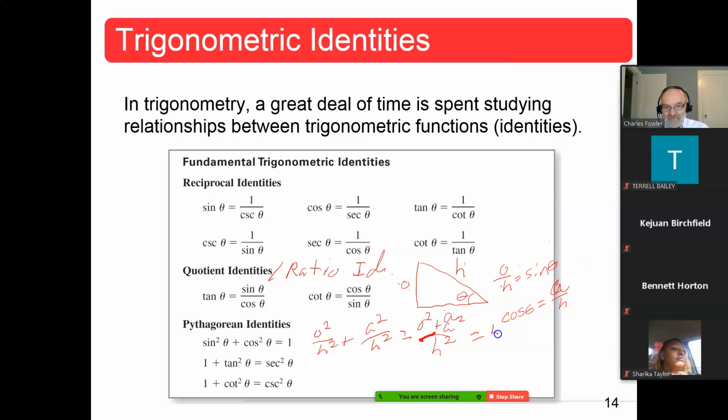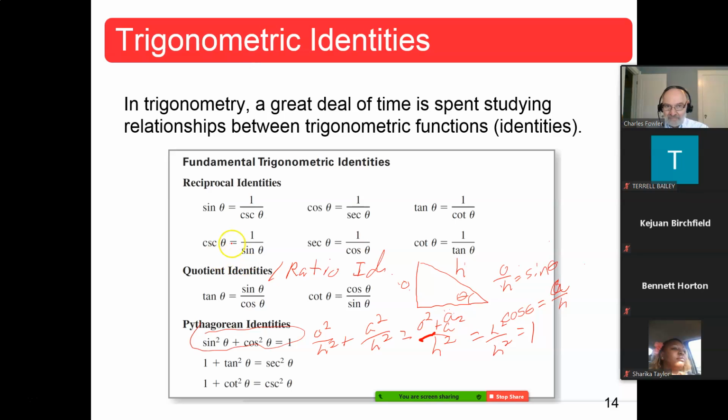So this is h squared over h squared, which is 1. That's why it's called the Pythagorean identity. Because it's always, always, always true, because the Pythagorean theorem is always true.